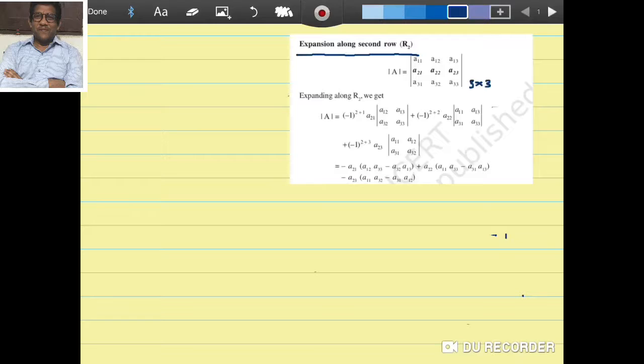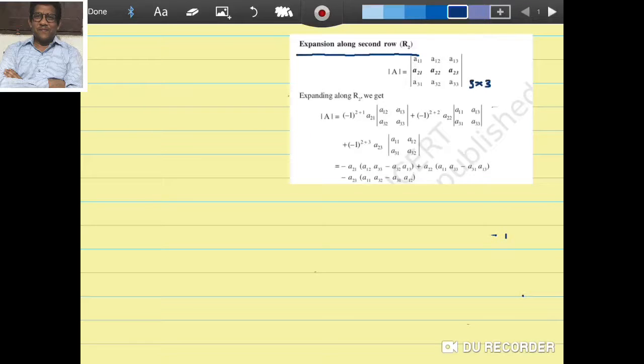Now expanding along row 2, we follow the same procedure as expanding along row 1. Here what we'll do, instead of taking element of row 1, we take the element of row 2 and follow the same procedure.